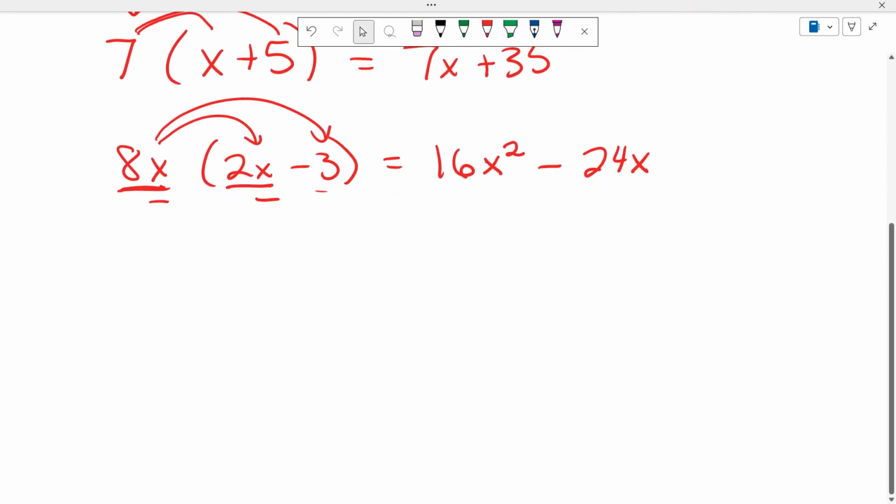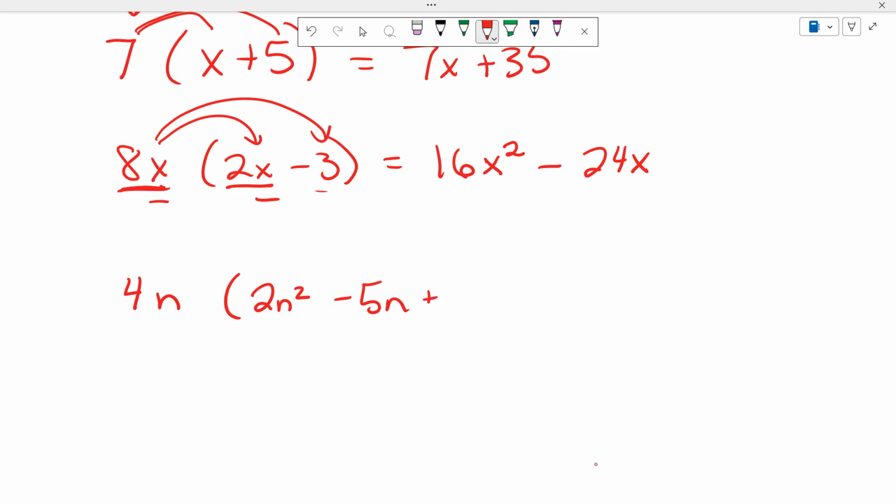So let's keep building on this. If we have 4n times 2n squared minus 5n plus 1. So when we multiply, take coefficient times coefficient. 4 times 2 is 8. N times n squared, there's n to the 1 power here, n to the 2 power here.